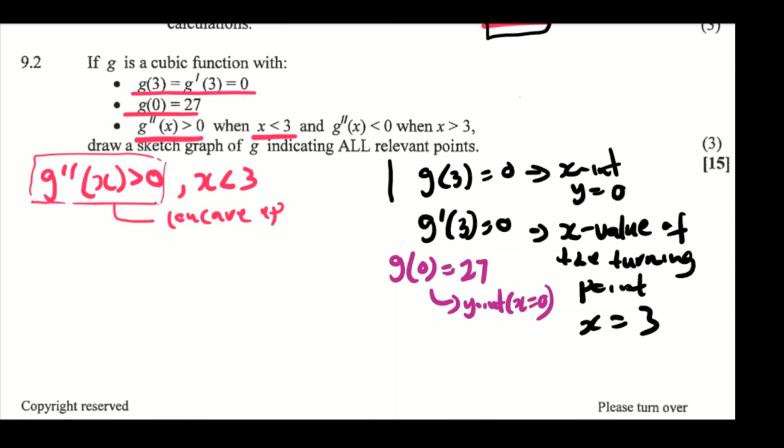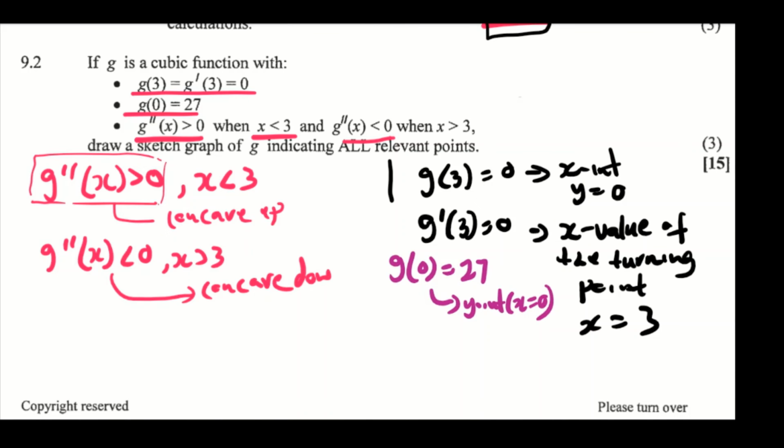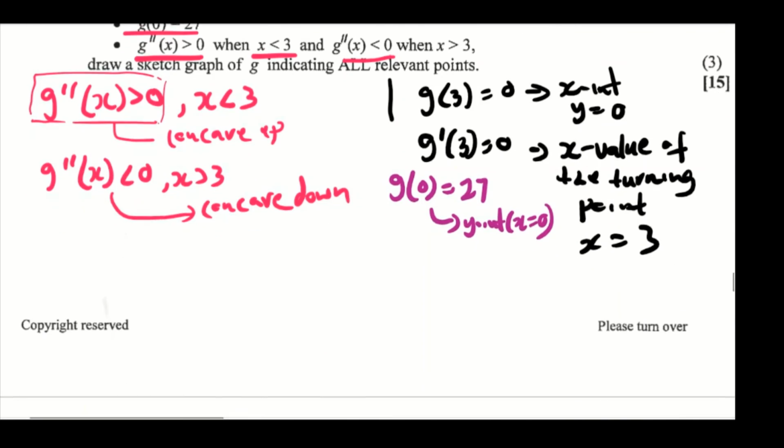And then you have g prime prime of x less than 0, where x is greater than 3. The fact that we have this less than 0 means concave down, always know that.